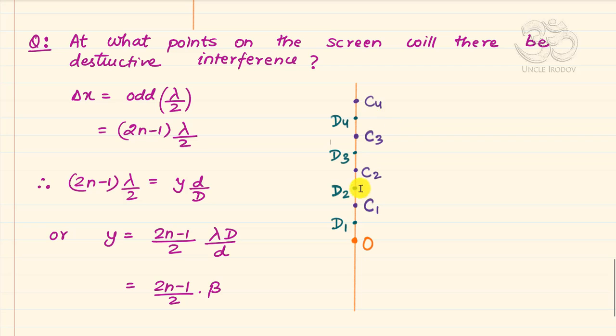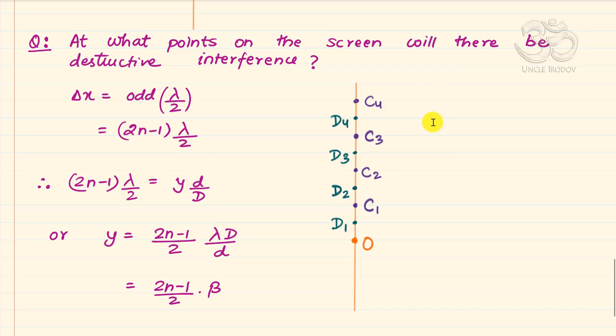And the spacing between each location of constructive interference will be beta. Between each of the locations of destructive interference will be again beta, but between one destructive interference and the next constructive interference will be beta by 2.